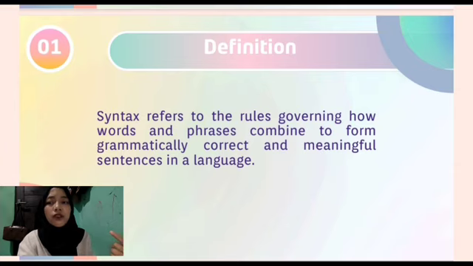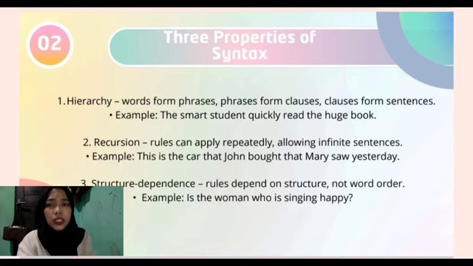What helps us understand the difference between "the cat sleeps on the sofa" and "sleeps cat sofa on the," which is ungrammatical. So syntax provides the foundation for communication because without sentence structure, our language would sound disorganized and unclear.